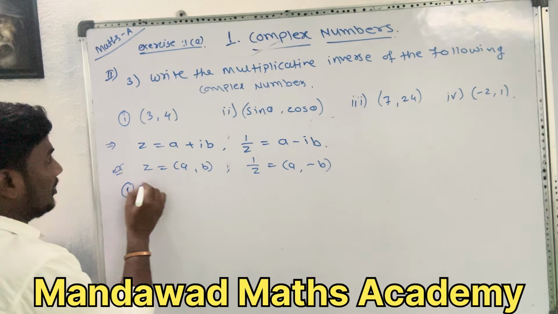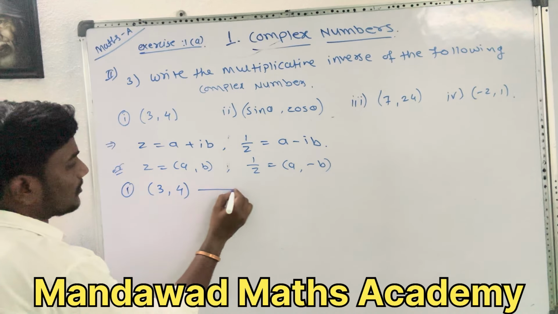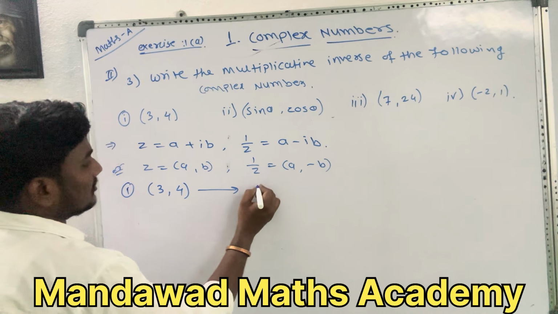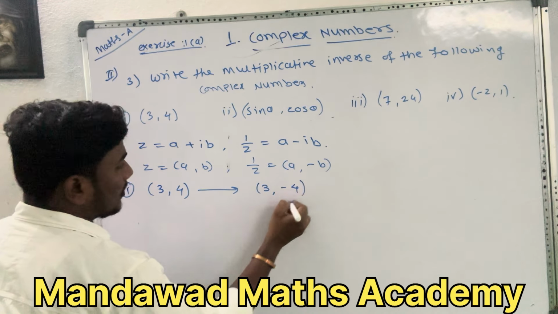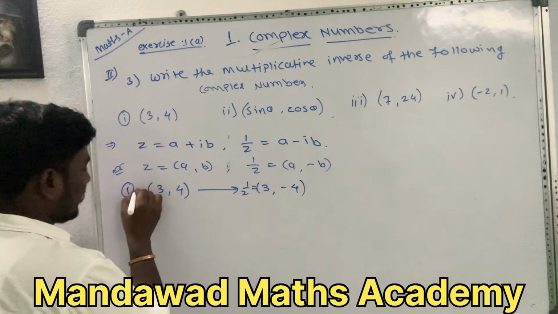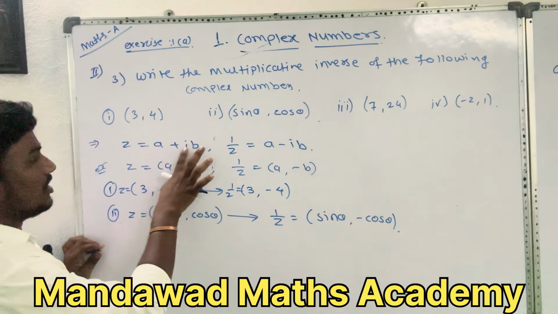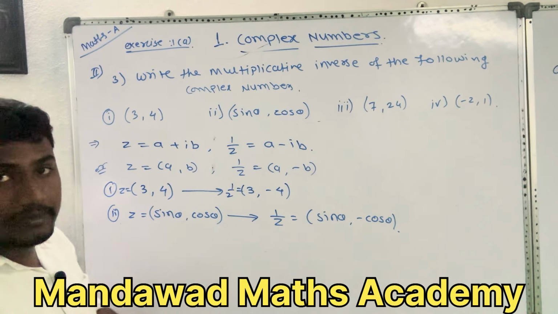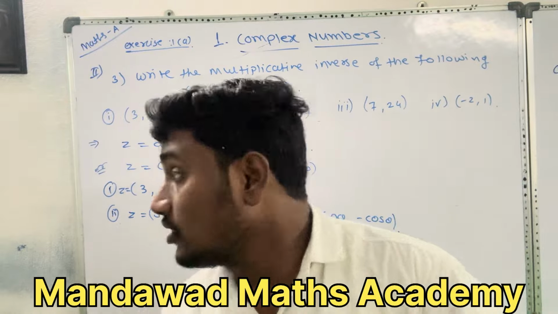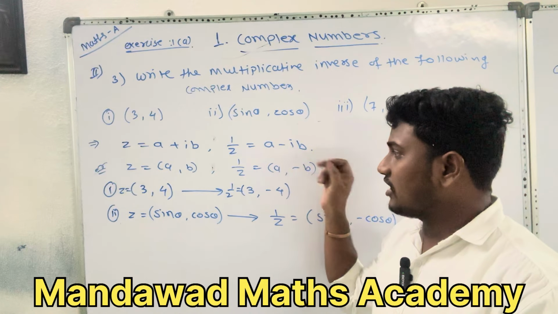Means a comma minus b is the multiplicative inverse of a comma b. So first example: 3 comma 4. What is the multiplicative inverse? Yes, 3 comma minus 4. So this is 1 by Z and this is Z. Let us consider Z is equal to a plus ib, and 1 by Z, the multiplicative inverse of Z, is a minus ib.